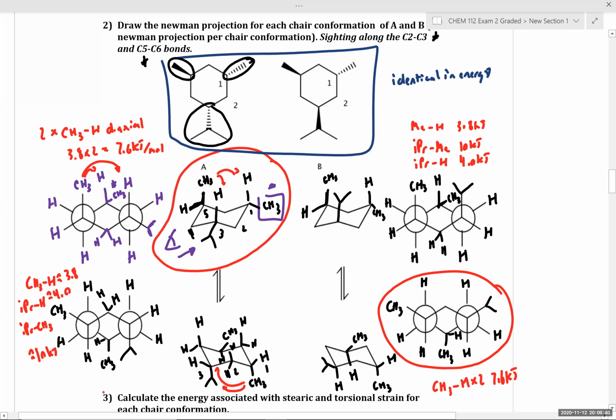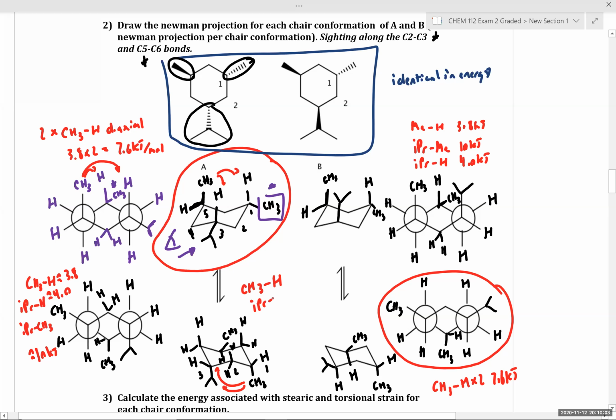When sighting down our bonds after the ring flip, our isopropyl group is still on our right, and the methyl is still on our left. Now let's pay attention to our 1,3 diaxial interactions. I notice a methyl hydrogen interaction, right? Because both the methyl and hydrogen are axial.